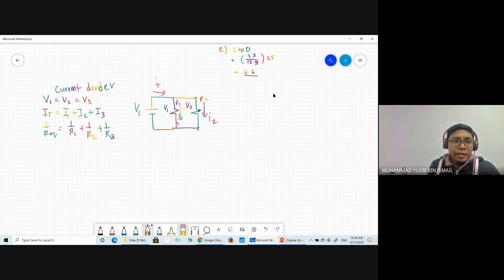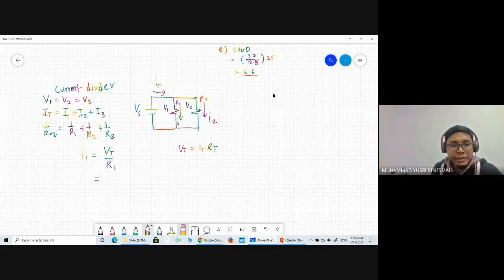Here the current flowing at I1 is equal to V total over R1. So we know that V total is equal to I total R total.